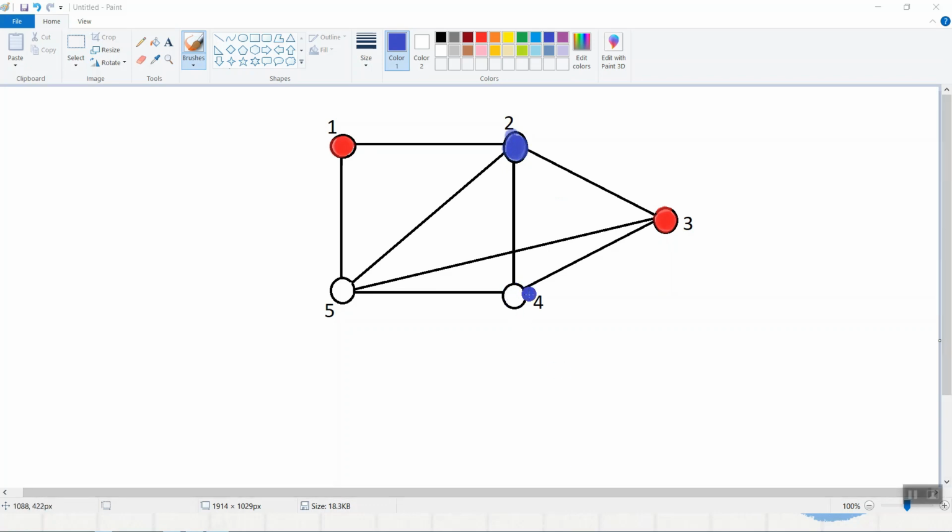Now see, number 4 is adjacent with number 2, so we cannot have blue color here, and also number 4 vertex is connected with number 3, so 4 cannot have red color as well. And also number 5 vertex is connected with number 2, so we cannot have blue color here. Now I am going to apply orange color to number 4 vertex.